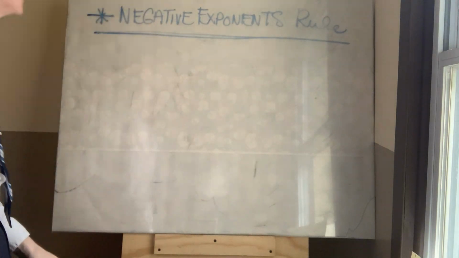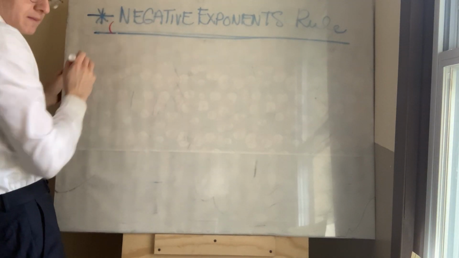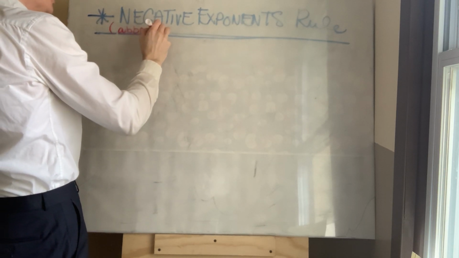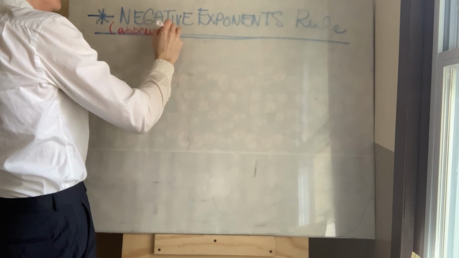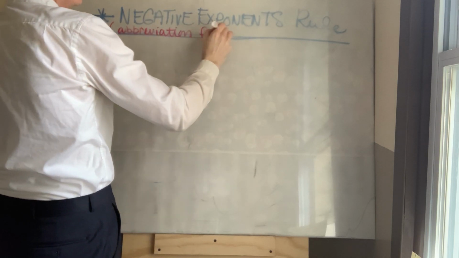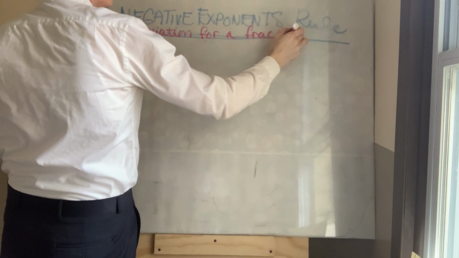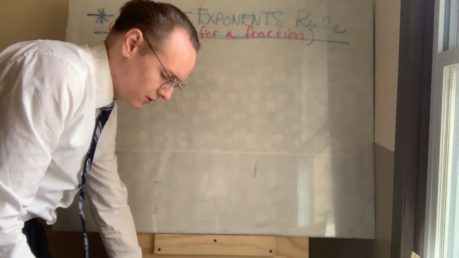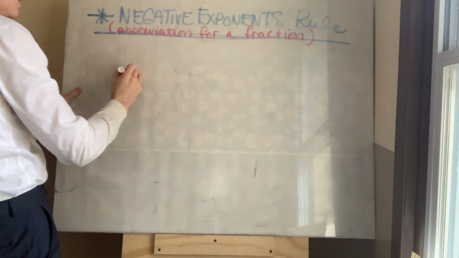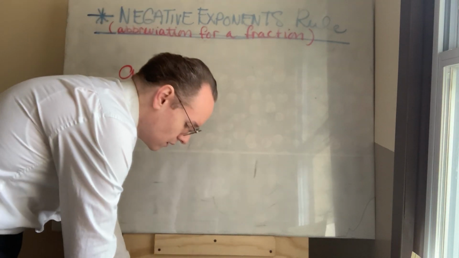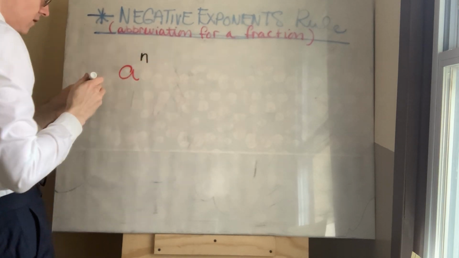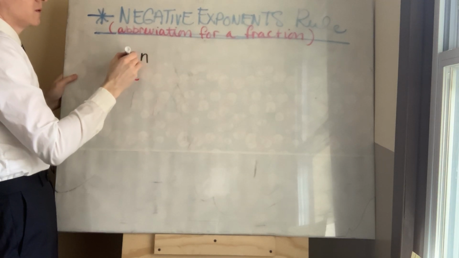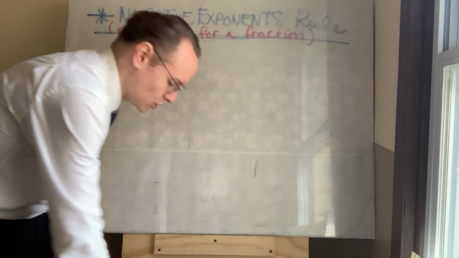Essentially, the negative exponents rule is like an abbreviation for a fraction. Here's what I mean. I believe on the diagram that I have given you, there's this model, A to the n, and when the exponent is negative, how would you translate this?